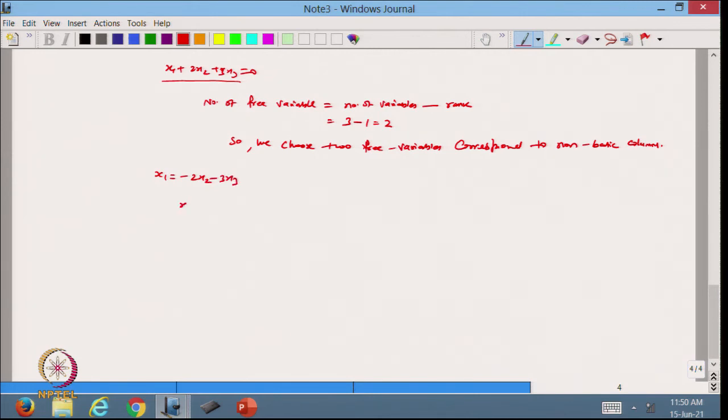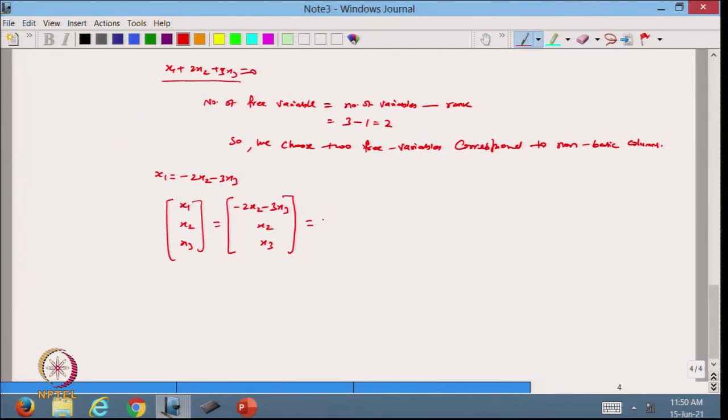So, my solution x1, x2, x3 can be written as x1 is minus 2x2 minus 3x3, x2 is x2, and x3. Now you can see that there are 2 free variables, x2 and x3. So, this is the solution.